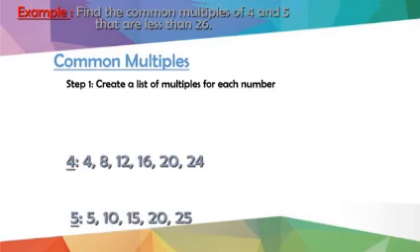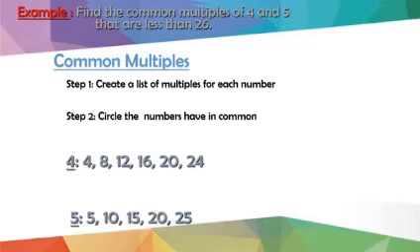Multiples of 5 are 5, 10, 15, 20, and 25. 25 is less than 26, so stop. Second step, circle the numbers they have in common. Here we have 20 in common, only 20. So 20 is the common multiple of 4 and 5 which is less than 26.